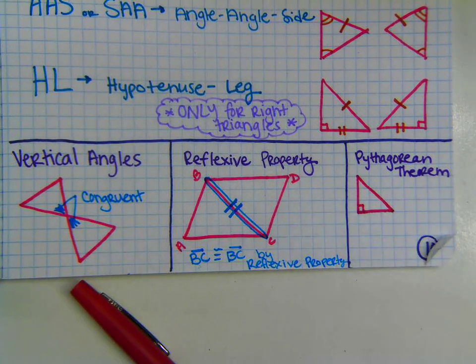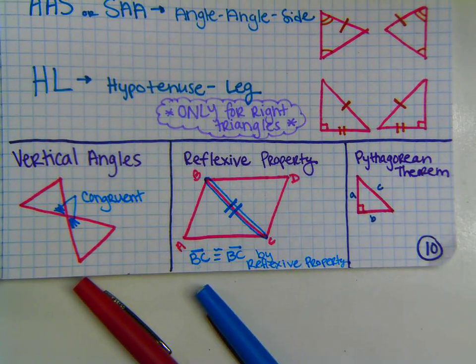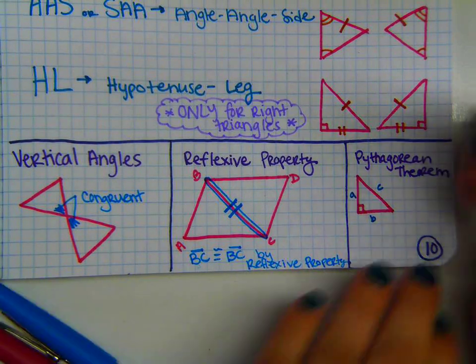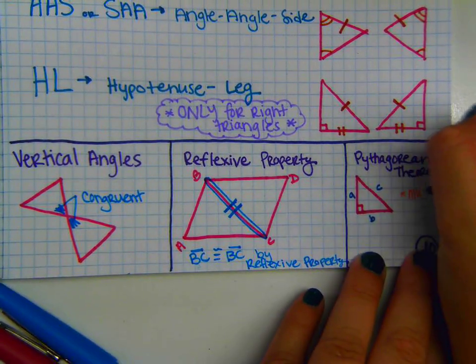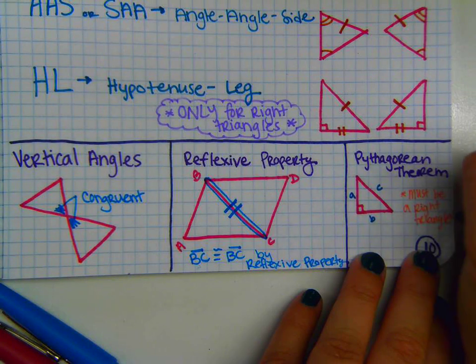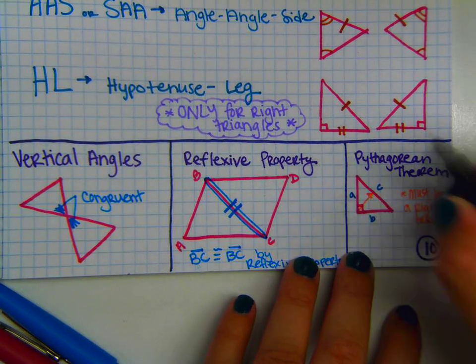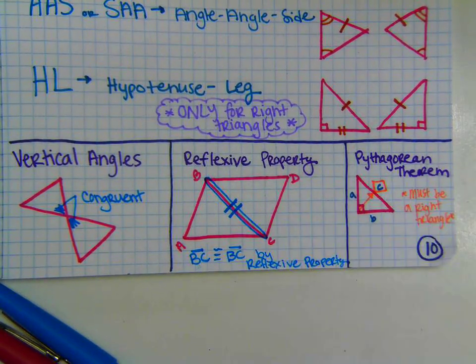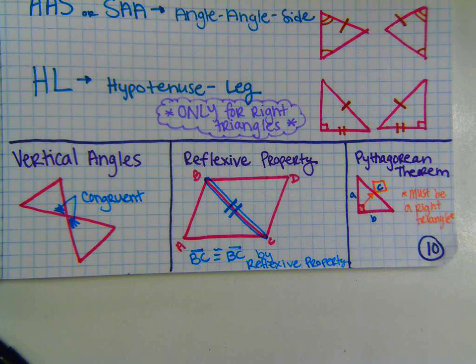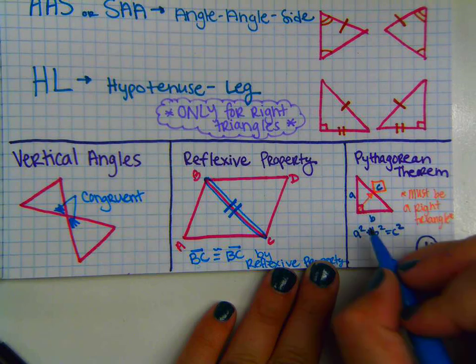Okay, and we have side lengths A, B, and C. So the important things to note on Pythagorean theorem is it must be a right triangle, and C is always across from that right angle. The A and the B don't matter, but C must be across from the right angle. And this is A squared plus B squared equals C squared. And that's Pythagorean theorem.